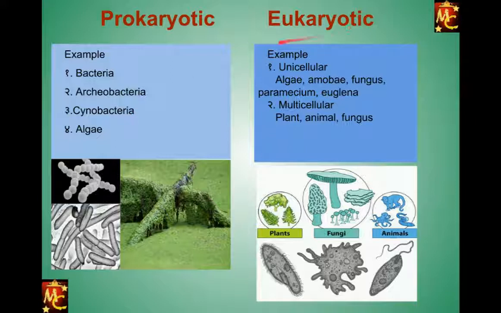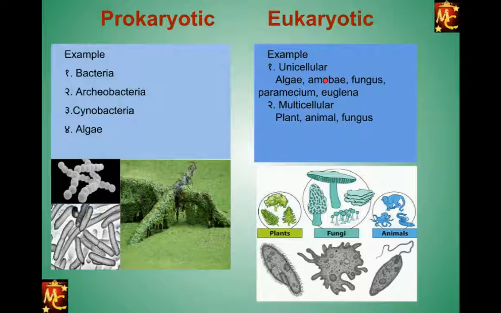In case of eukaryotes, there are actually two categories: unicellular eukaryotic or multicellular eukaryotic. Unicellular ones have only one cell, for example many algae, amoeba, which everyone has probably learned about.